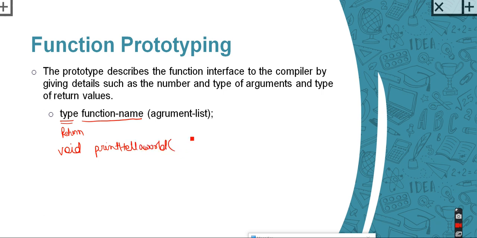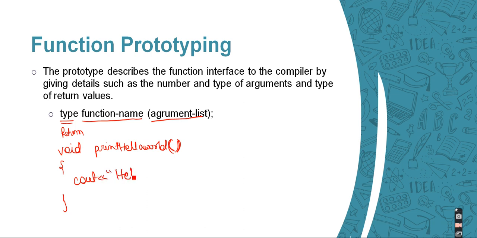Argument list: an argument list is basically if your function needs any data before processing the code inside, then we can provide it here. But my function doesn't need anything, so that's why I have empty parentheses. Here I have just written cout hello world.